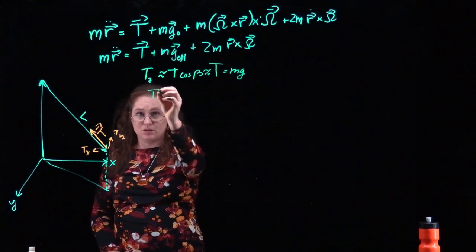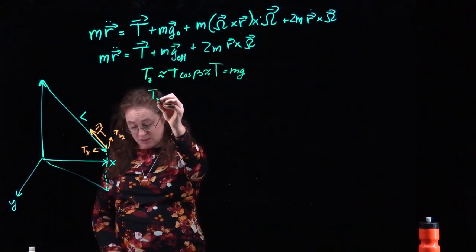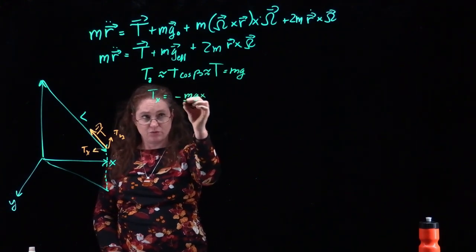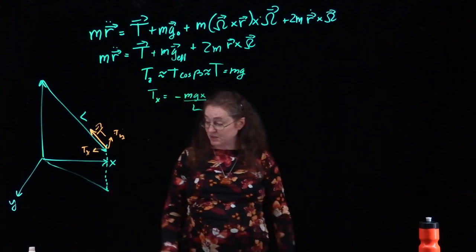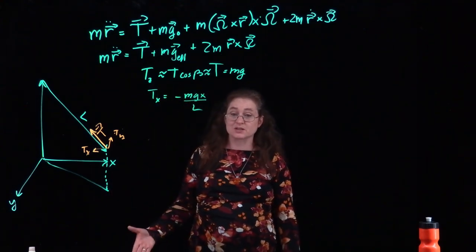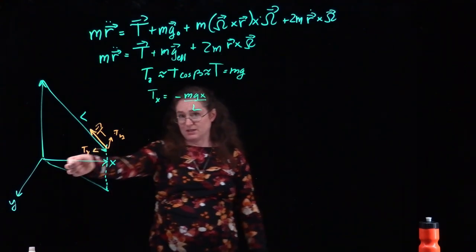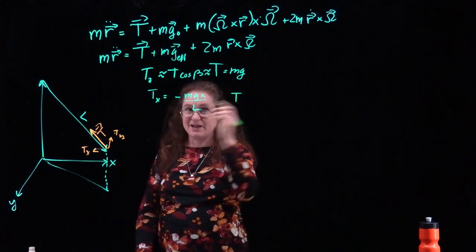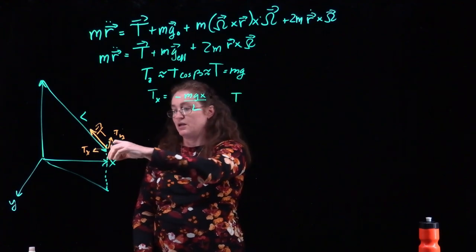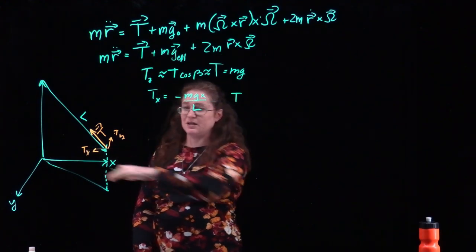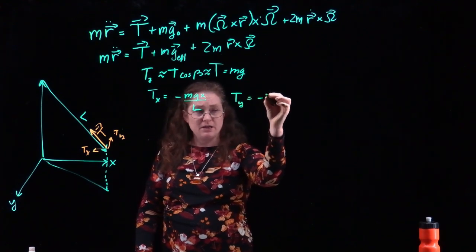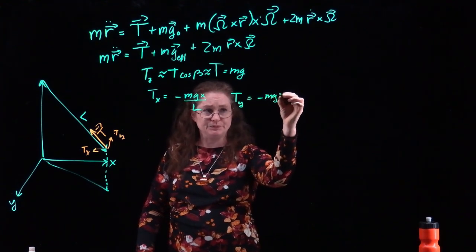And the x component is then negative mgx over L. We're actually not really going to be too concerned with the z components because the object is fixed in z, or at least the distance is fixed in z. So it's moving a little bit up and down, but that's not the major effect. Ty has the same form.